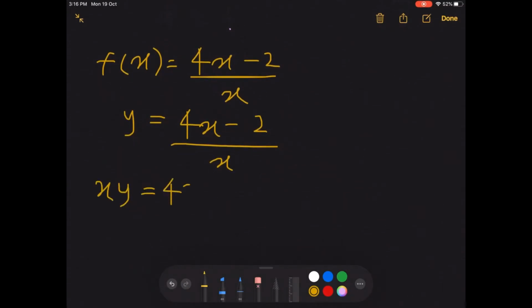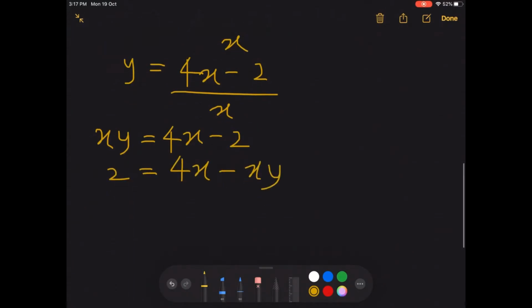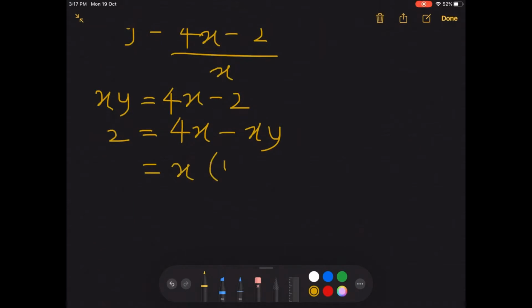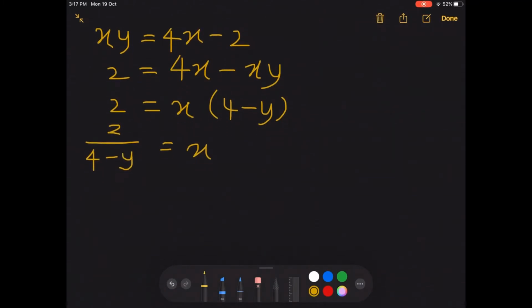Next, just times x: xy equals 4x - 2, and then leaving 2 on one side, just gather the x at one side, and then factorize x out: 4 minus y, and then leave x, so x equals 2/(4 - y). And what you have to do is just write f inverse equals 2/(4 - x). Change y into x. And there you go, that's the answer.